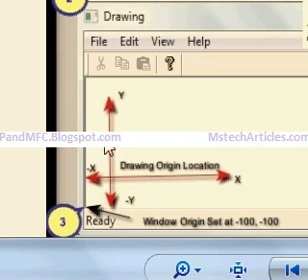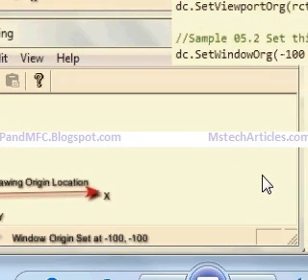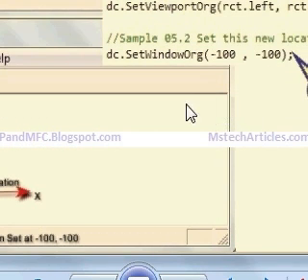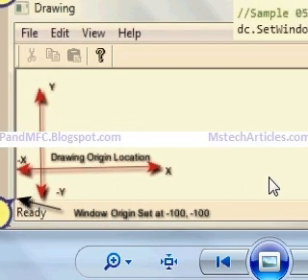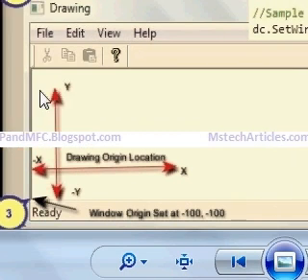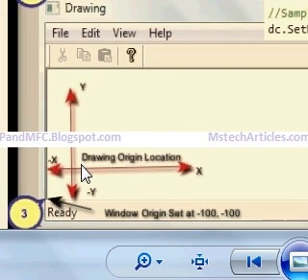So previously, without using the window origin, you saw only the first quadrant of the drawing area. Now you are seeing a different portion of the drawing area. So you can imagine this as panning the drawing area, or moving the drawing area, or moving to a different portion of your drawing.